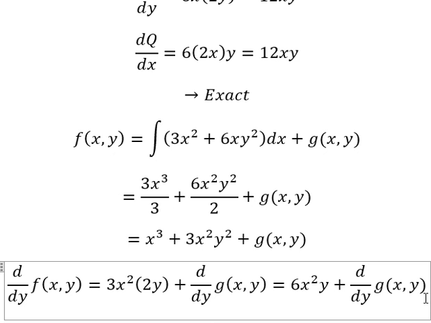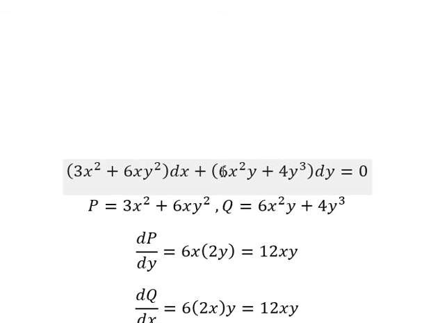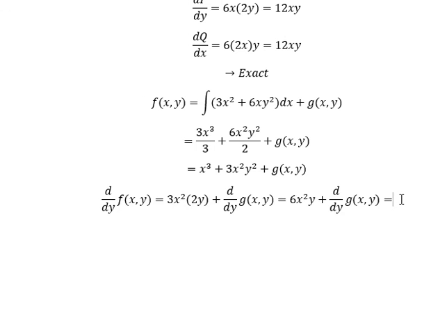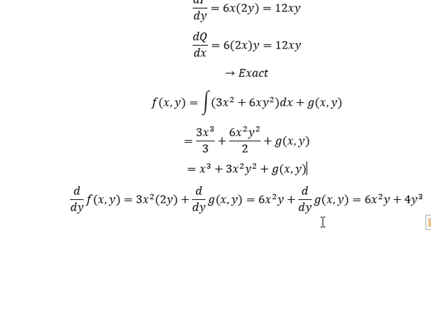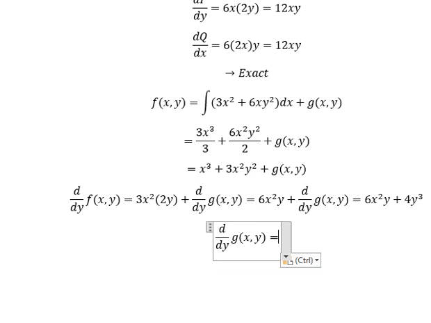Next, we know that this one equals to this one. Now we simplify this one and this one for both sides, and we have like this.